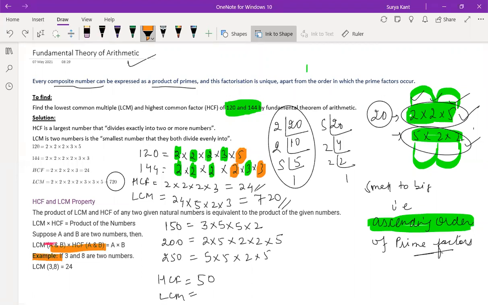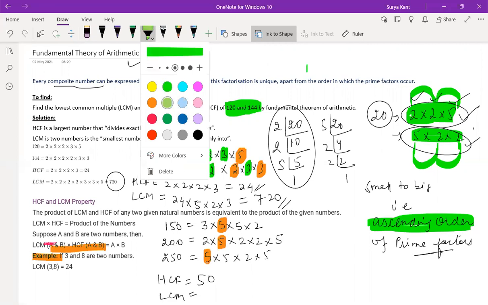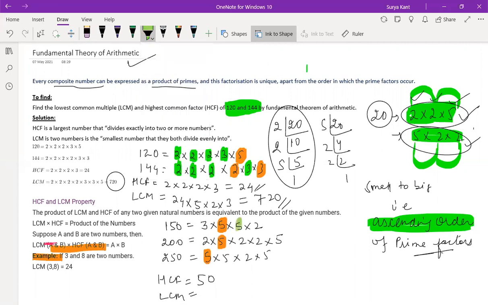Anyone found the LCM of it? 3 is not common here. We can write here 5, 5, one pair. Sir, LCM is 24. LCM is what? 24, you are saying?